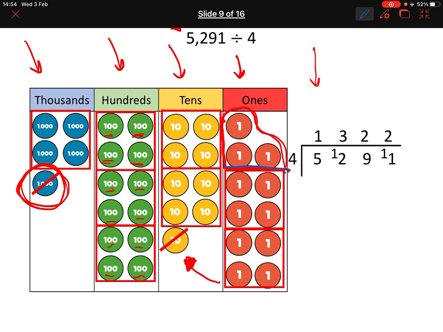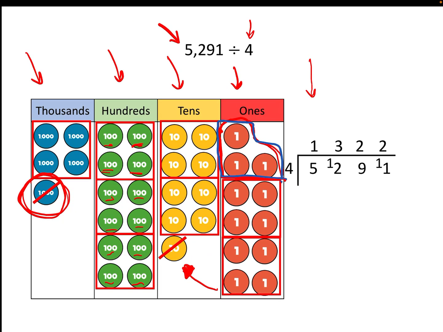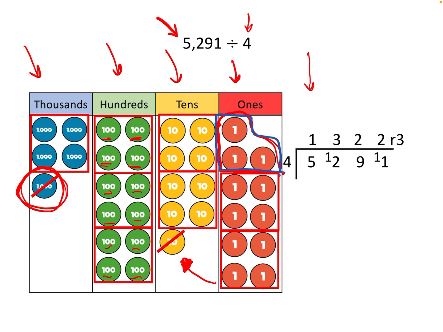So we've got a remainder of 3. Well done if you managed to get this. If not, just go back and watch it again. And we would write our answer like that. Remember, it is remainder 3, not 0.3.